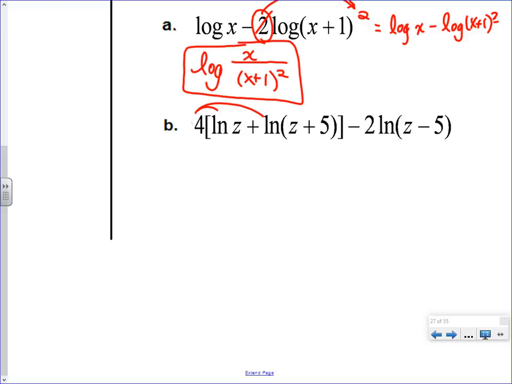Then try to follow the steps to condense it as far as it can go. Remember, when you've condensed it properly, at the very end there should be a single logarithm, and in this one, a single ln.